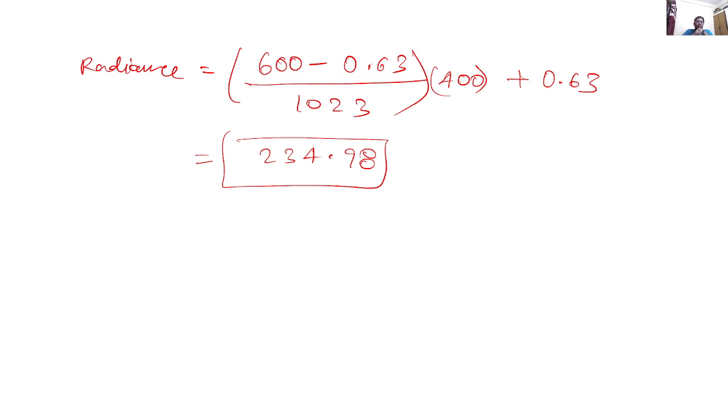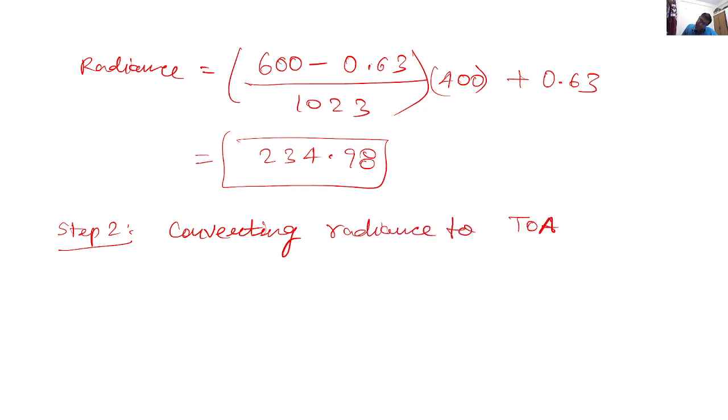So how would you find the top of the atmosphere spectral reflectance? Let's find it out. There is another step to it. Converting radiance to top of the atmosphere reflectance.